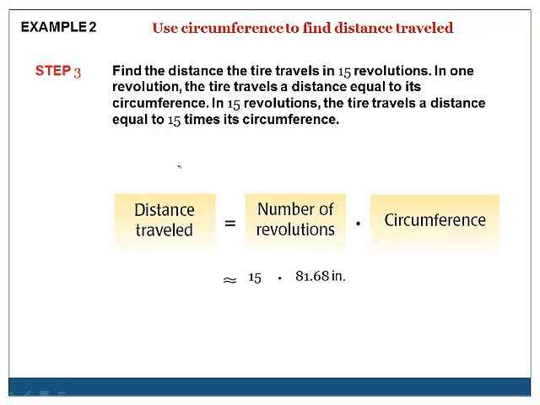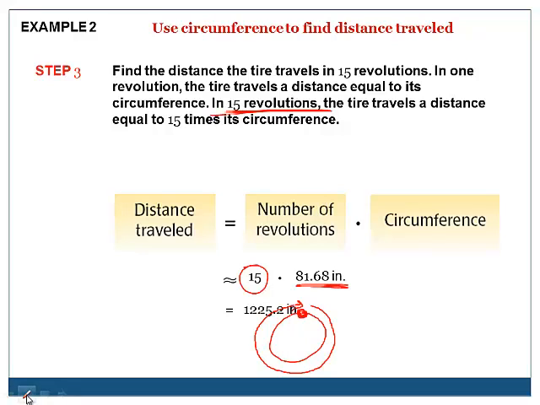The reason you have to multiply it by 15 is because you have 15 revolutions. Every time your tire turns, if this is your point on your tire and it rotates, it's going to hit this point again. That's one revolution, which covers 81.68 inches. For 15 revolutions, you multiply it by 15.